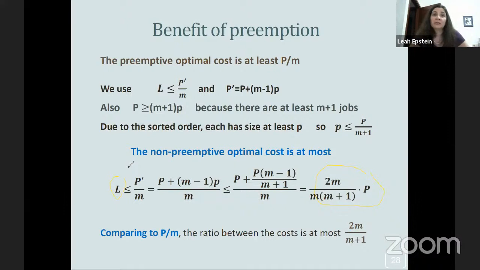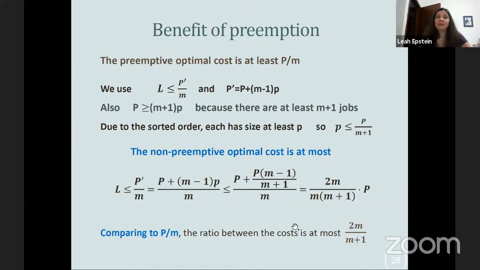And what we are going to do, we need to compare it with the optimal cost for a preemptive schedule, because we are looking for the benefit of preemption. So we find the bound that we need for the preemptive schedule, divide the one for the non-preemptive by the one for preemptive, and end up with what we were trying to prove. And this was for identical machines.